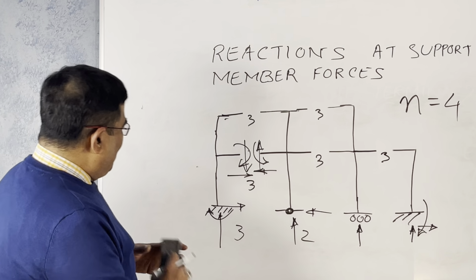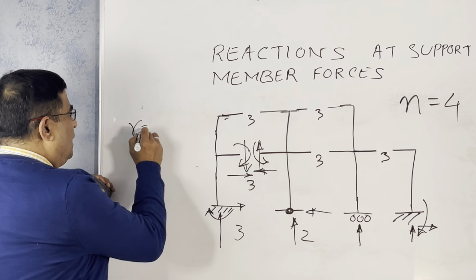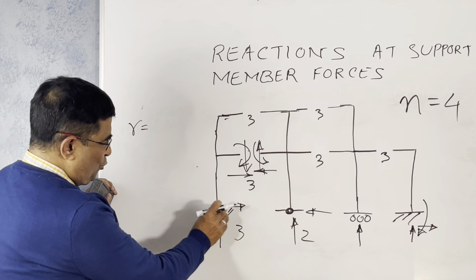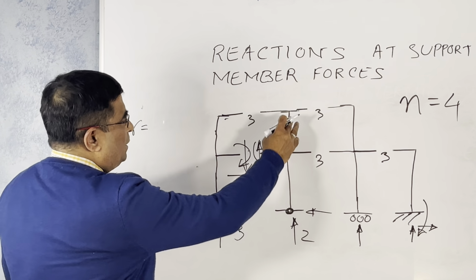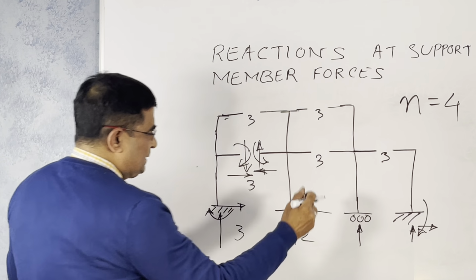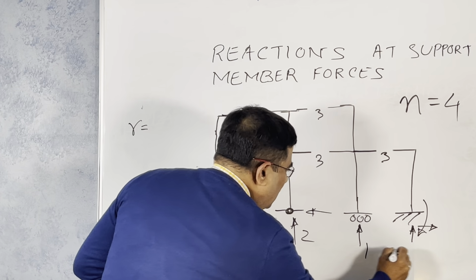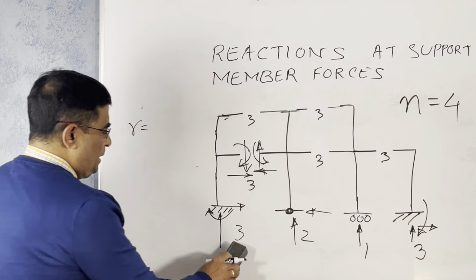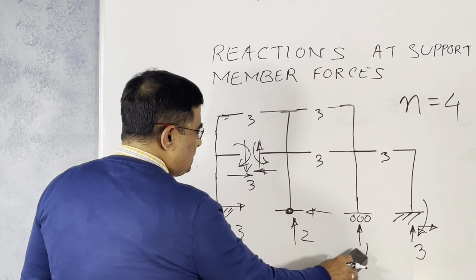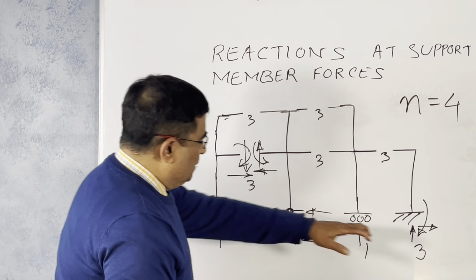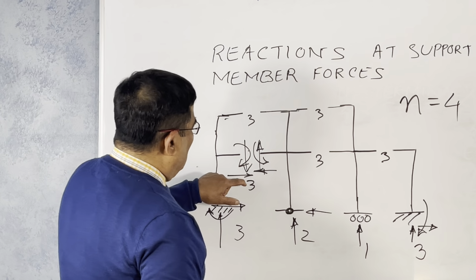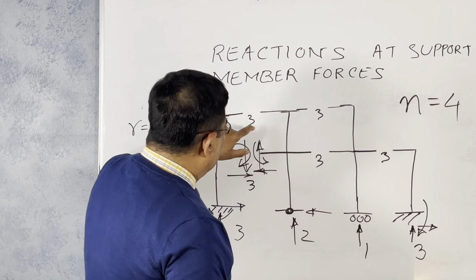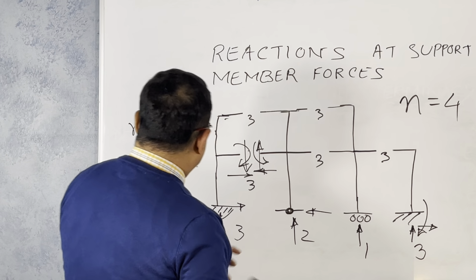So your total number of R equal to 3 plus here 3 at the support, 2, and this is 1. So what is R? 3 plus 2 plus 1, 6 plus 3, 9. 9 from there. Then 12, 15, 18, 21, 24.